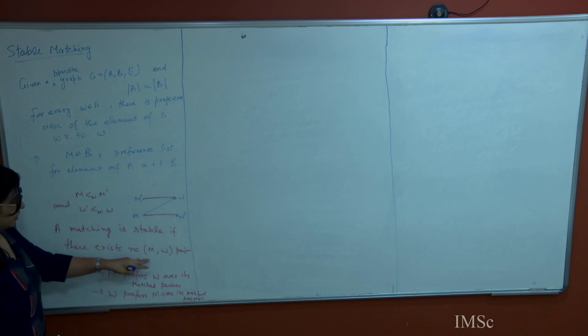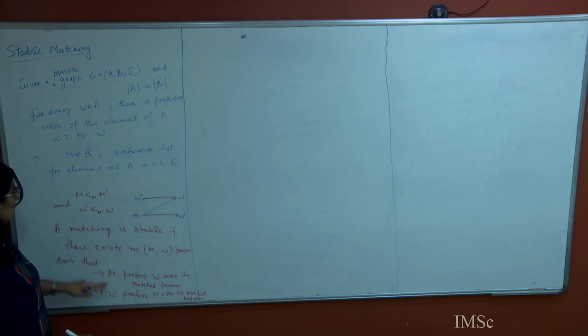Okay, so when there is no such pair, then we will say that our matching is stable.